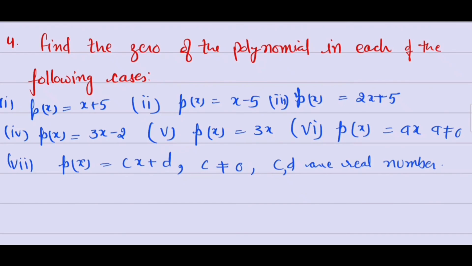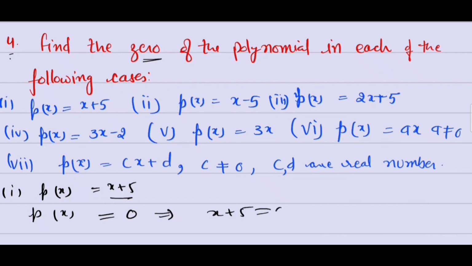The last and fourth type of questions here we have: find the 0 of the polynomial in each of the following cases. So to find the 0 of a polynomial, we have to equate that polynomial with 0. So let's get started. The first question is p(x) is equal to x plus 5. So what we have to do? We have to take here p(x) equal to 0. So it means that x plus 5 is equal to 0.